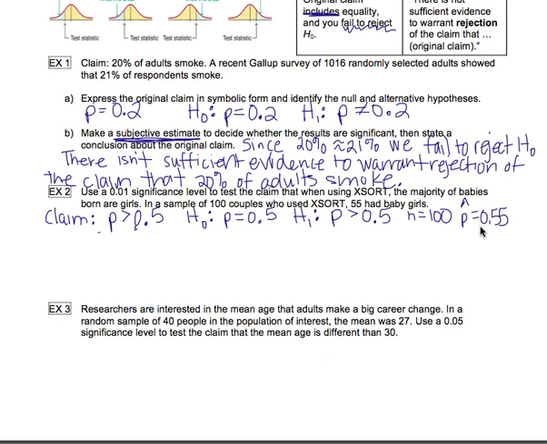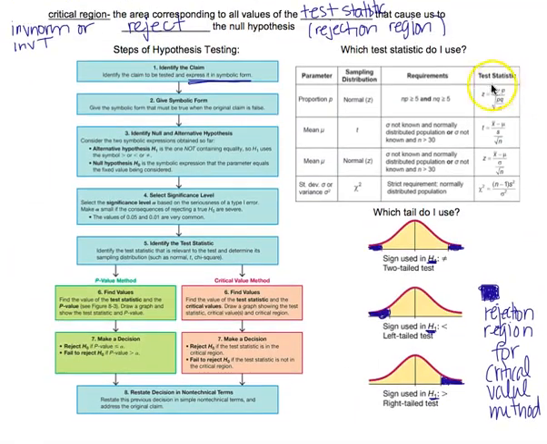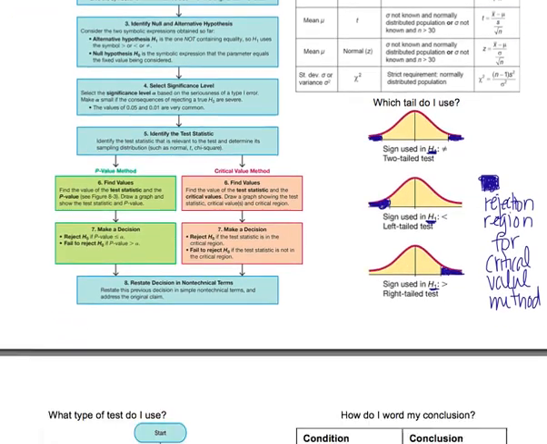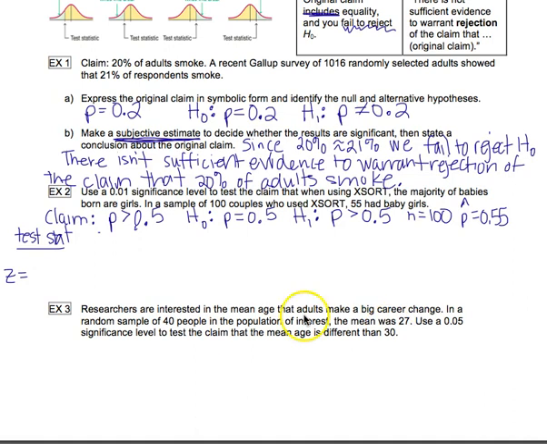So now when I go to find my test statistic, I'm going to use z equals, and then this formula again that's right up here. So p hat minus p divided by the square root of pq over n.